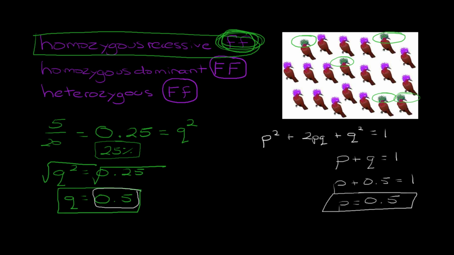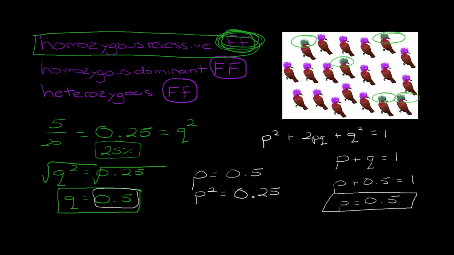If P is equal to 0.5, P squared is equal to 0.5 times 0.5. Let's use our calculator. So P squared is equal to 0.25, and I could plug that in right here. Yay!